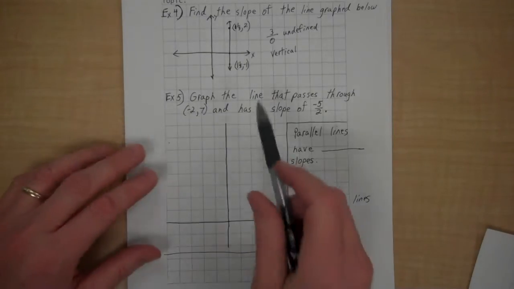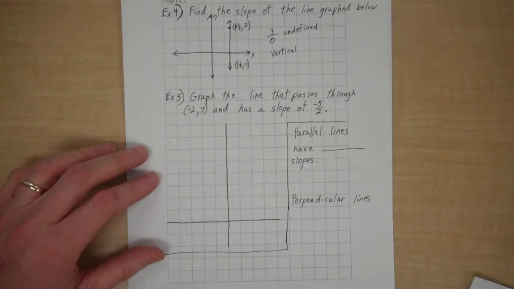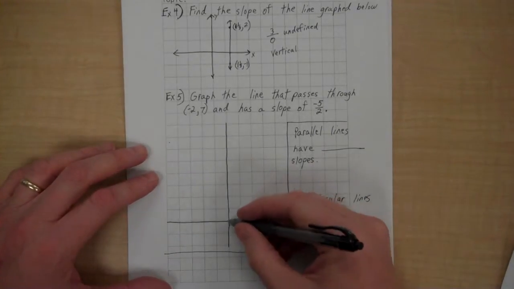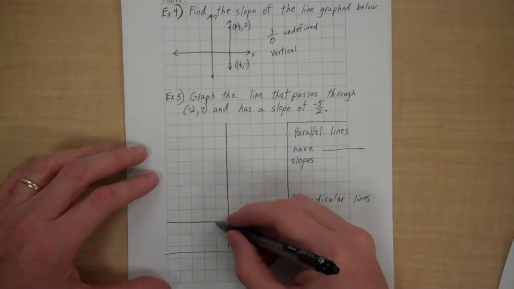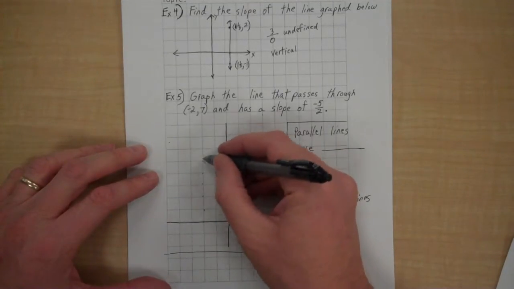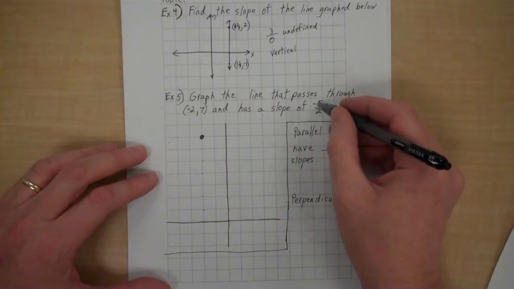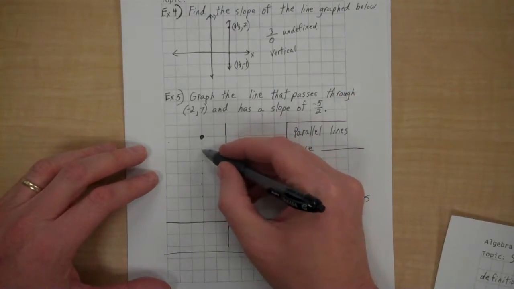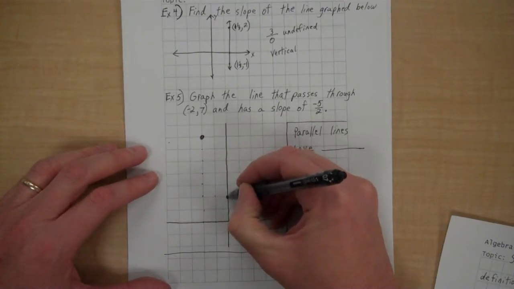If I graph the line that passes through -2, 7 and has a slope of -5 halves, what I want to do is find the point it passes through. -2, 7 is right here. Down 5, right 2. 1, 2, 3, 4, 5, right 1, 2, right here.